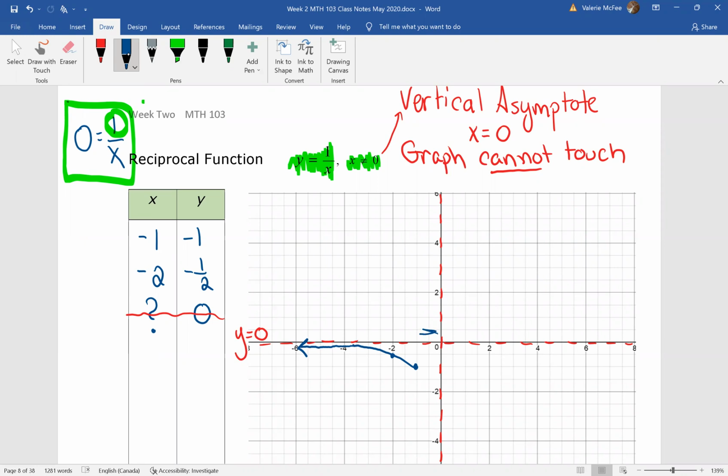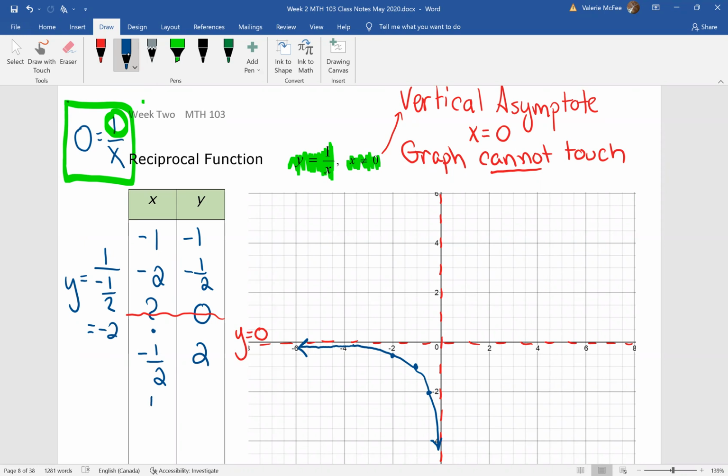What about in this space here between -1 and 0? If we let x equal -1/2, we have y equals 1 divided by -1/2, which equals -2. Here, we're getting closer and closer to x equals 0, but not touching that vertical asymptote.